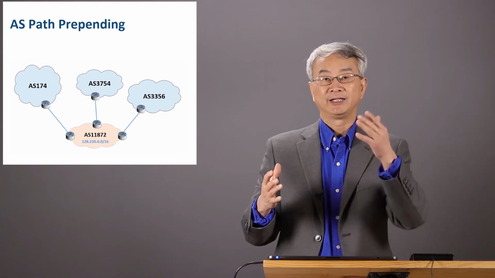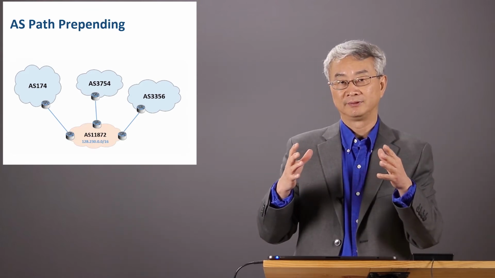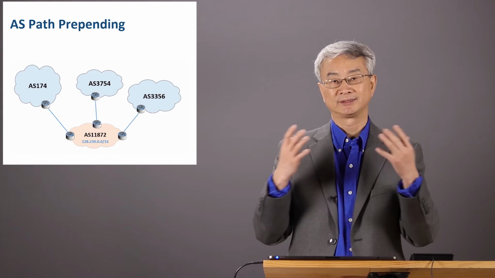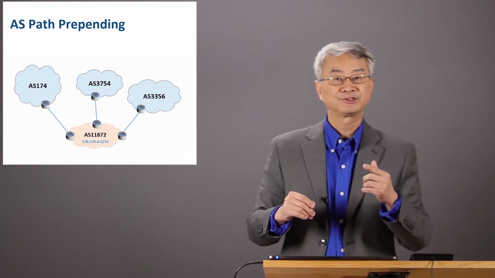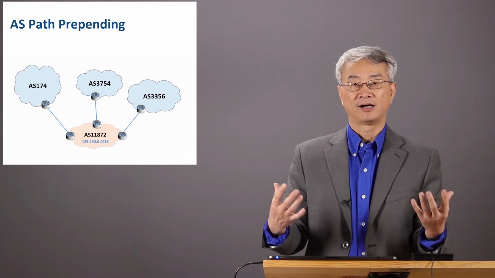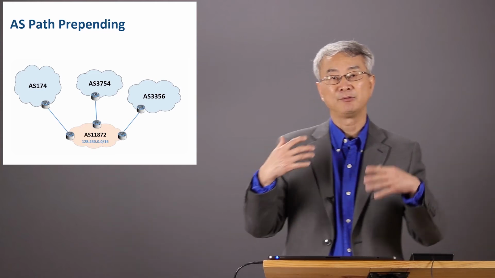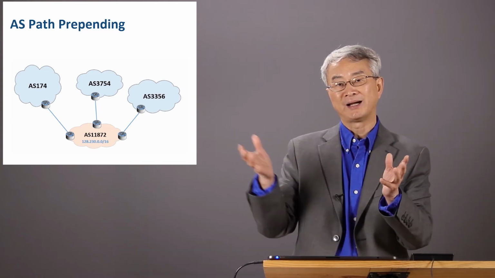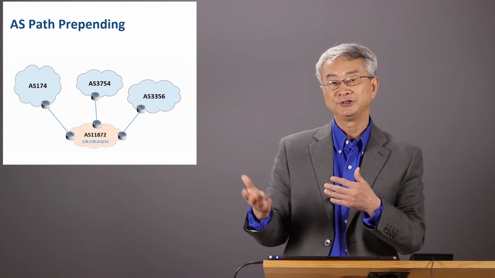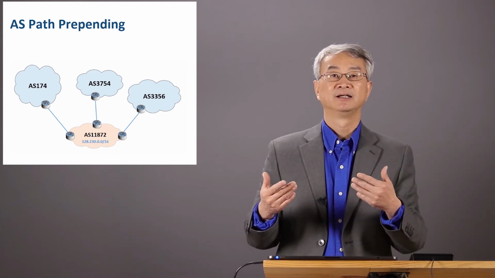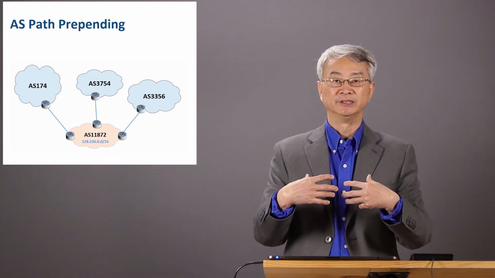And one of the criteria, as I said, is the length. So you pick the shortest length. Now sometimes, if I am an autonomous system, I have multiple links, but one of my links is my backup. I don't want to use that link. I want to use the other link for the traffic to come to me.